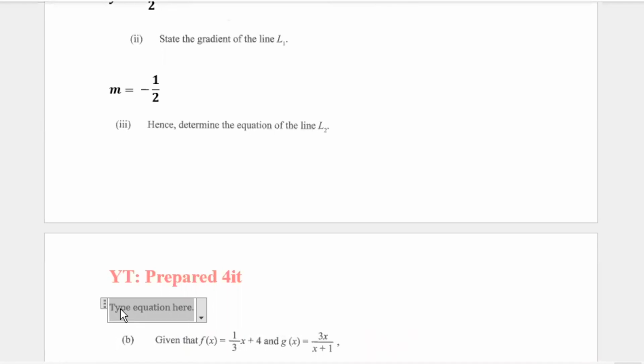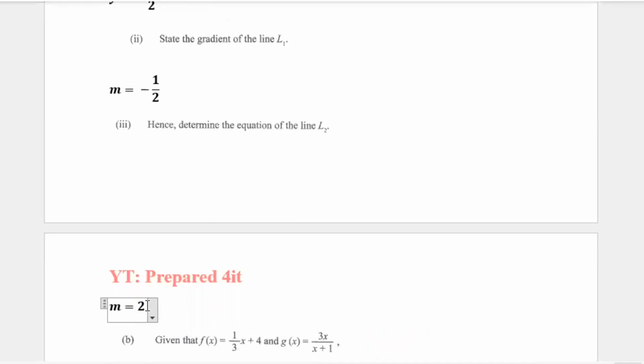For line 2, what is our gradient? 2, because it is the reciprocal of the other gradient, multiplied by negative 1. So if we have minus 1/2, you're doing 2/1 being multiplied by negative, so that's how it became plus 2. And so our gradient m is 2 for this line.